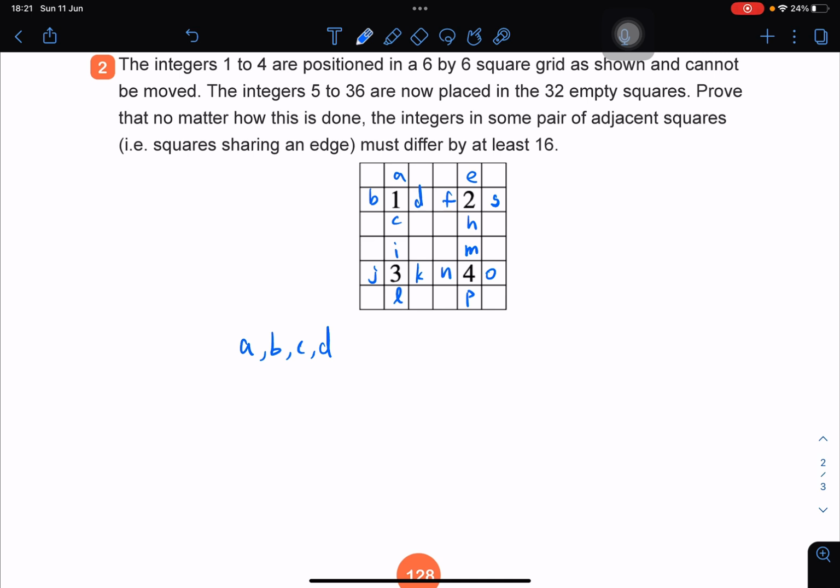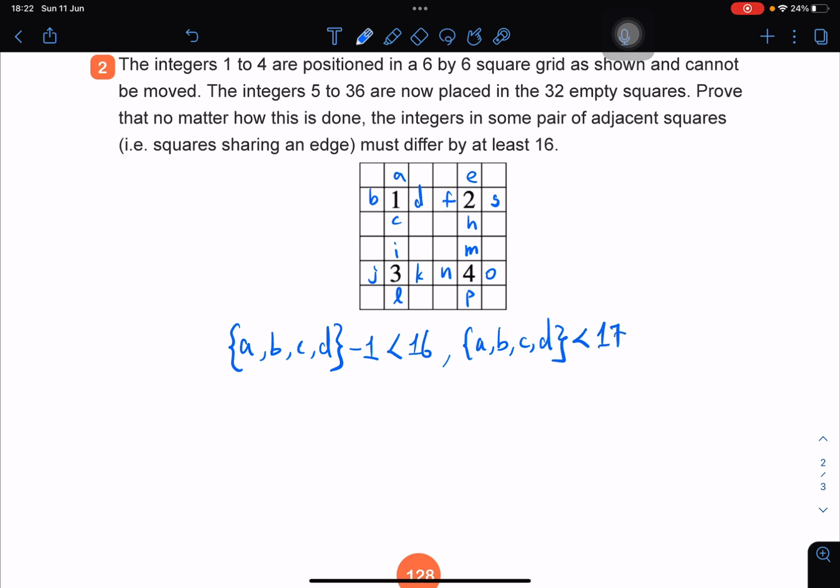Or basically find a way to prove that this can be done. So first of all, we will have A, B, C, D, take away 1, smaller than 16, which means A, B, C, D are smaller than 17.